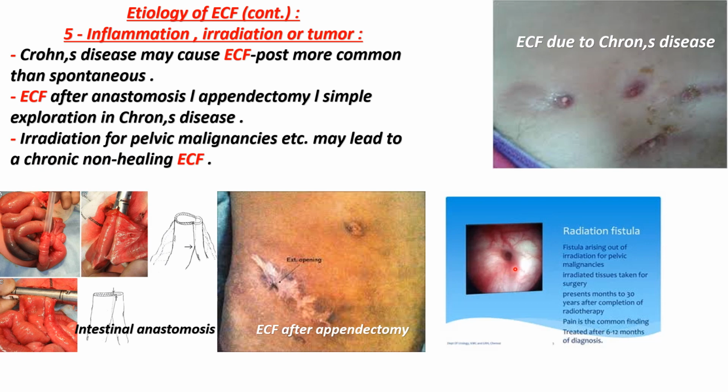Irradiation for pelvic malignancies, etc., may lead to a chronic non-healing enterocutaneous fistula. We are seeing here a case of enterocutaneous fistula due to Crohn's disease, a case of radiation fistula, a case of enterocutaneous fistula after appendectomy, and a case of intestinal anastomosis.